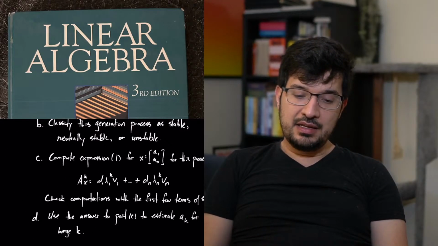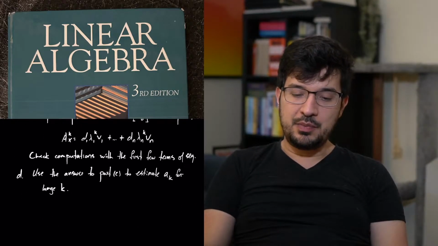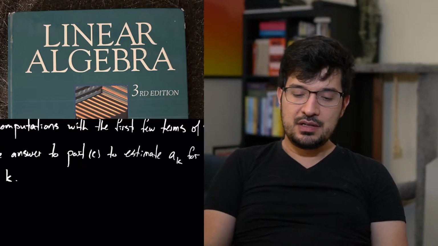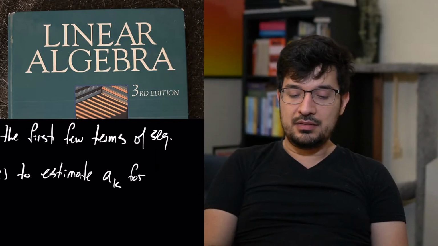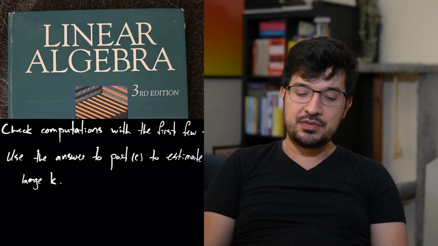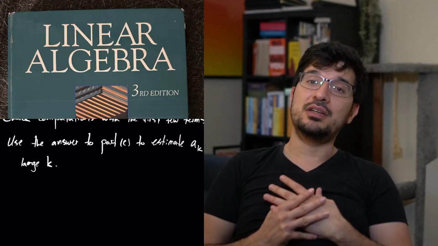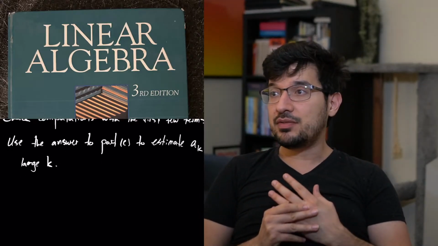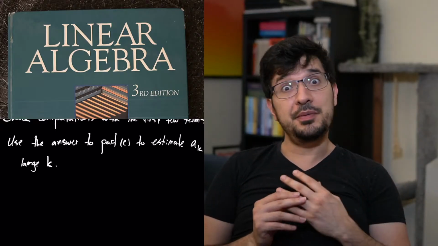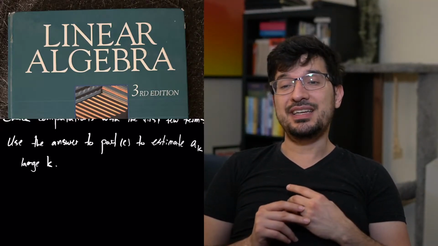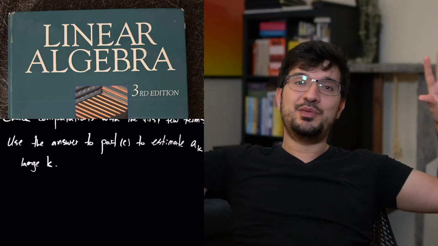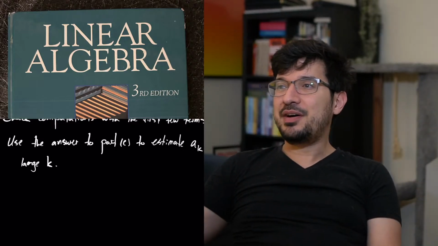And then once we have that formula, we can estimate the limit of the sequence for large K. We can find an estimation for a large term of that sequence. And of course, for the Fibonacci numbers, we get the beautiful golden ratio that pops out.